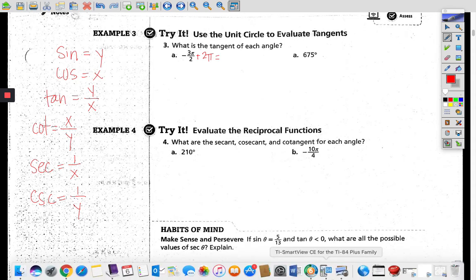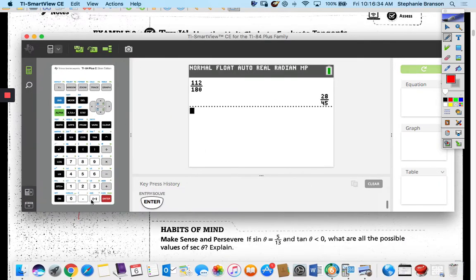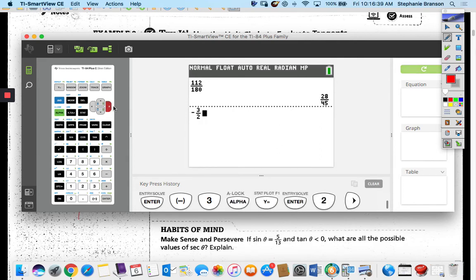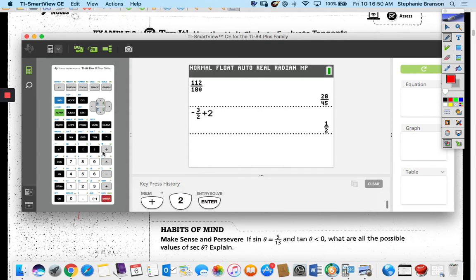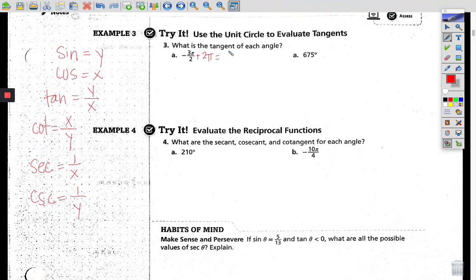So what I would do on my calculator is I would have negative 3 over 2. You notice I didn't put the pi symbol with it. So I'll have negative 3 over 2 plus 2. And I get 1/2. Okay? So that is equivalent to pi over 2. Or 1 pi over 2, same thing, right? So my ordered pair at pi over 2 is 0, 1.